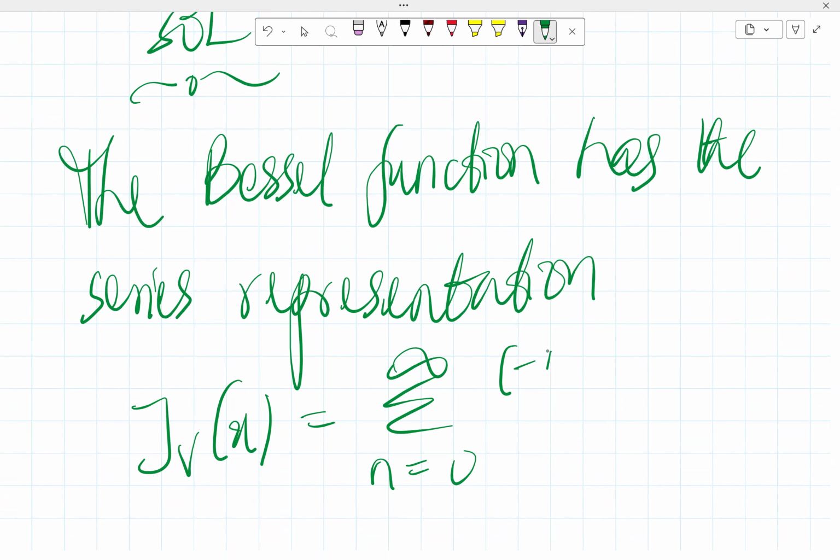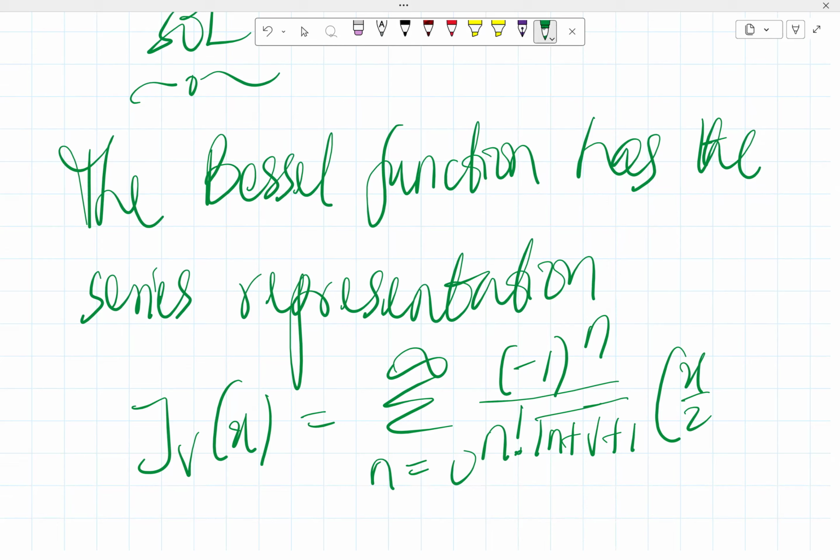In case you don't know much about Bessel functions, you want to revisit; there are two videos on Bessel functions. The first one is Bessel theory, and then the other one is application. It's still in this playlist, so you want to check that out. So you have gamma of n plus nu plus 1, all multiplied by x over 2 raised to the power 2n plus nu.